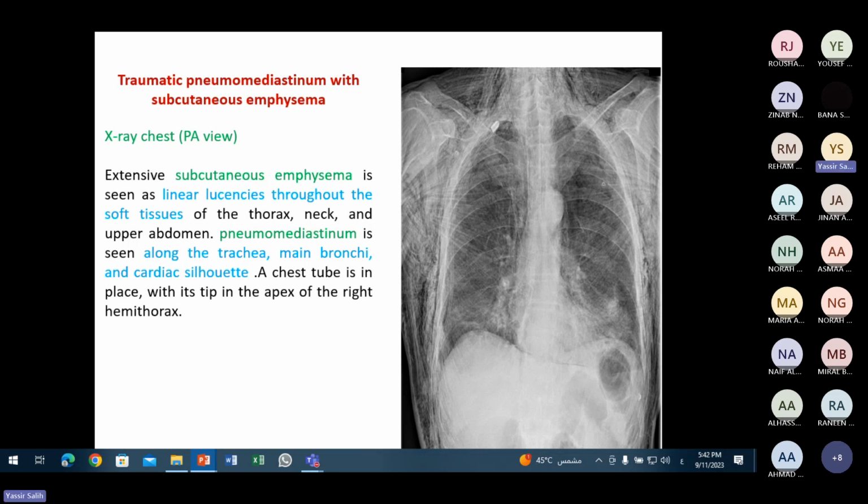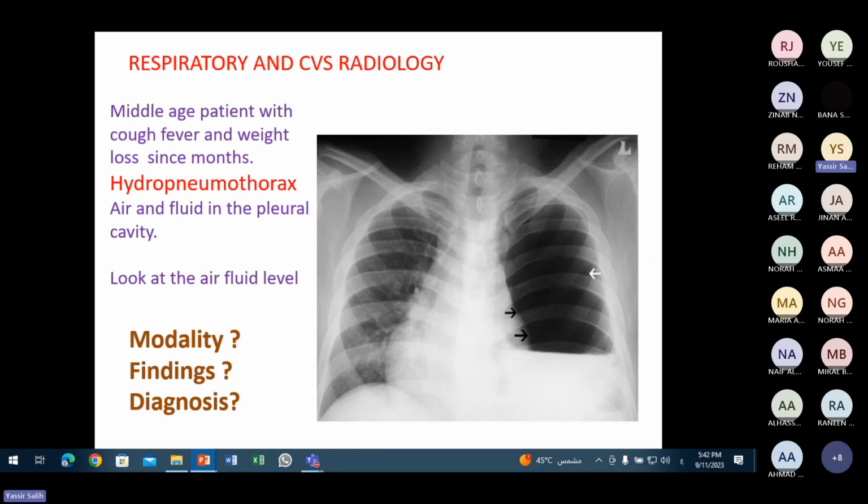How do we diagnose subcutaneous emphysema on the plain X-ray? What sign do you see? Look at this chest X-ray. Look at the soft tissue here. What is the density of soft tissue?